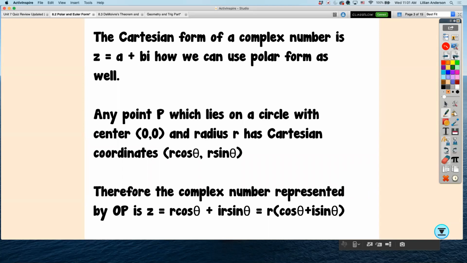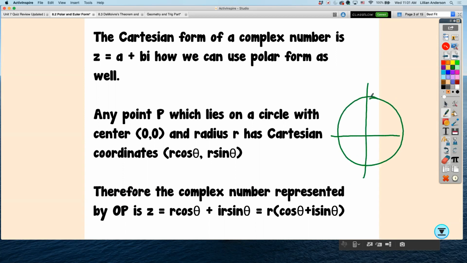Like I said, Cartesian form is z equals a plus bi, aka rectangular form. However, any point P that lies on a circle with the center of (0, 0) and a radius of r has Cartesian coordinates of r cosine theta, r sine theta. Take it back to the unit circle here.